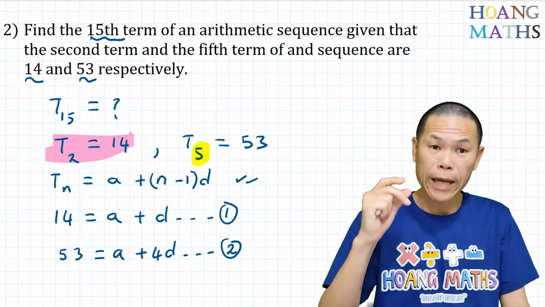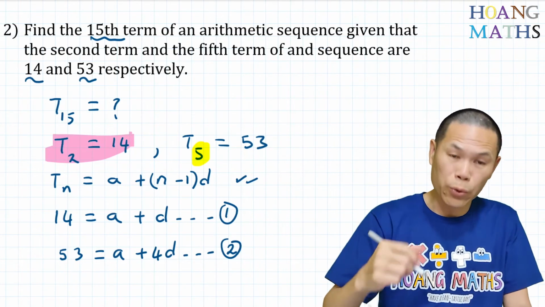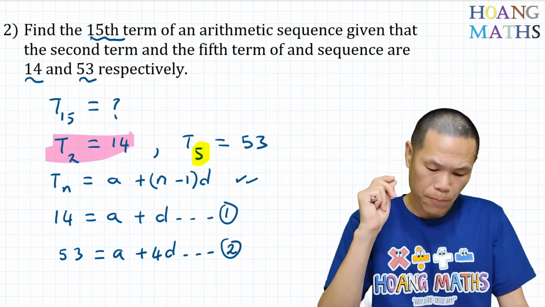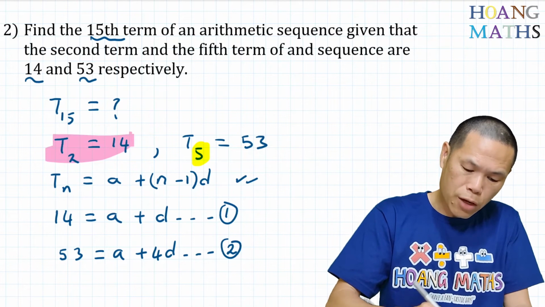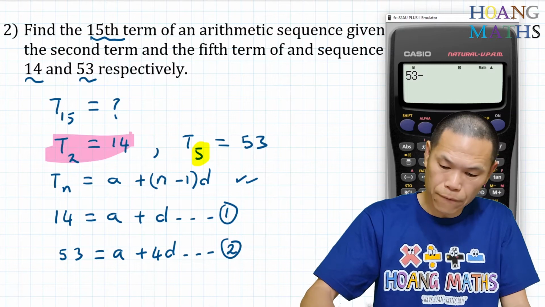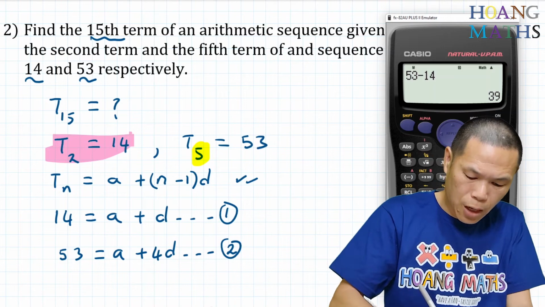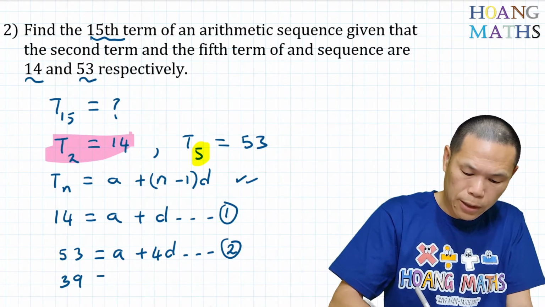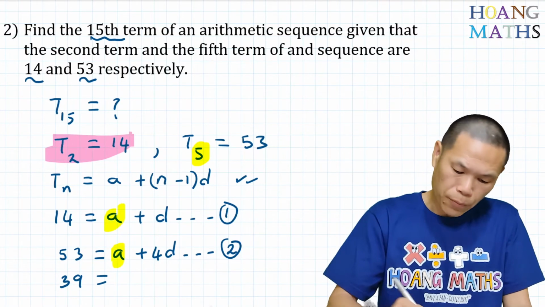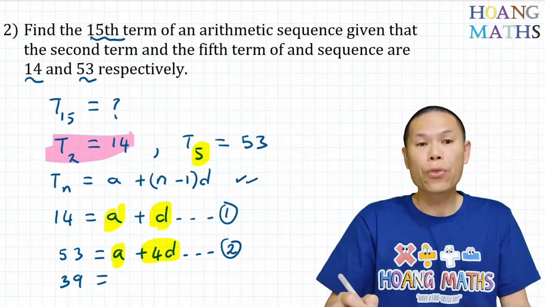What I can do is use equation number 2 minus equation number 1, because we want to get rid of the a. So 53 minus 14, there you go, 39. So 39 is equal to, because a minus a cancels out, then we have 4d minus d, which gives me 3d.